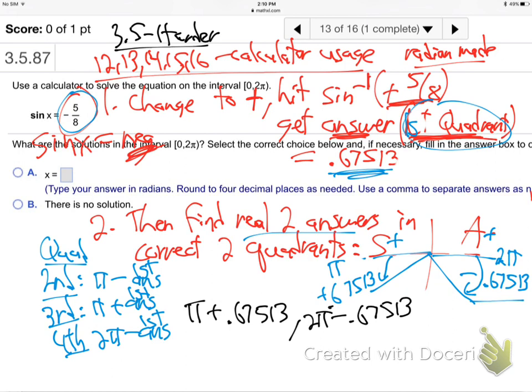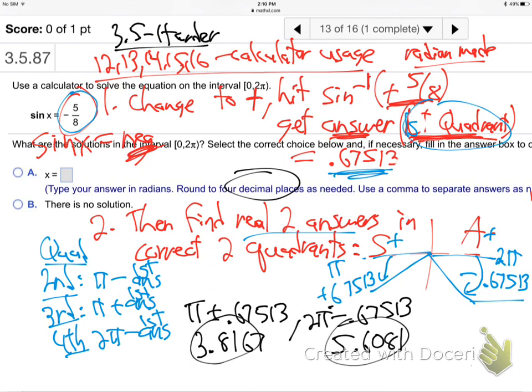I'm getting 3.81, four places they said, 3.8167. The other one is going to be 2 pi minus 0.67513. The other one is 5.6081. Those are the two answers on that one.